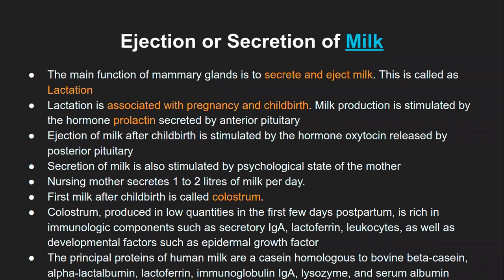So that is the psychological stimulus. In that case, the amygdala is stimulated. It will in turn stimulate the posterior pituitary gland, and then it will cause the ejection of the milk, because it is the psychological state of the person.